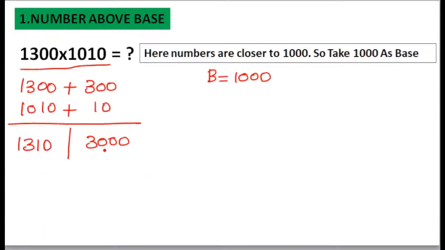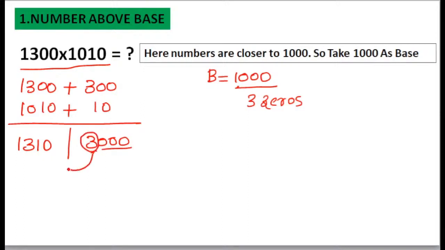Now your RHS 3000 has 4 digits and your base 1000 has 3 zeros. So you need 3 digits in your RHS, that is 000 will be your RHS term.